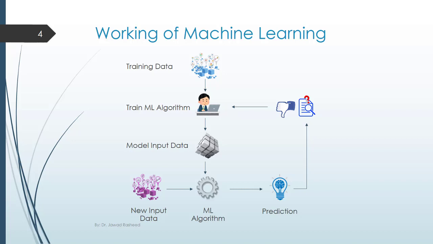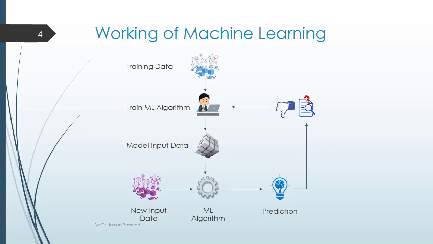But each thing, each content in it, each value is an attribute, you can say. For example, blood pressure is an attribute of that sample. In the same way, weight of the patient is an attribute, height of the patient is an attribute, and some other blood tests, those are also the attributes of that sample.